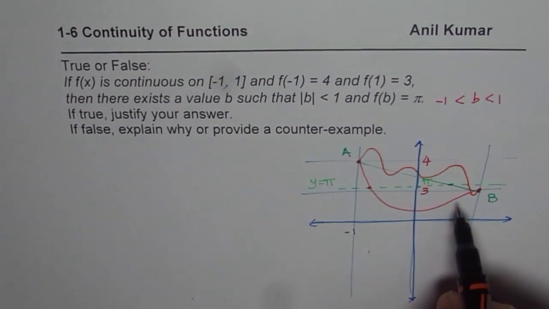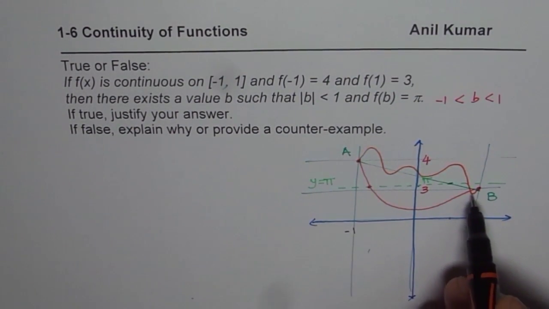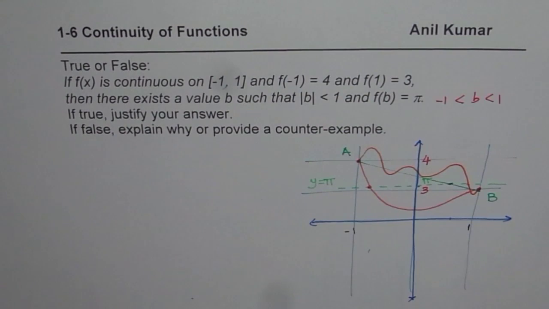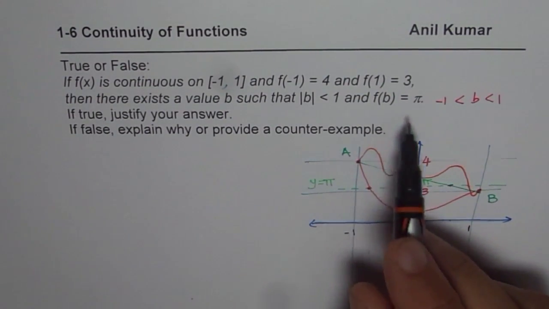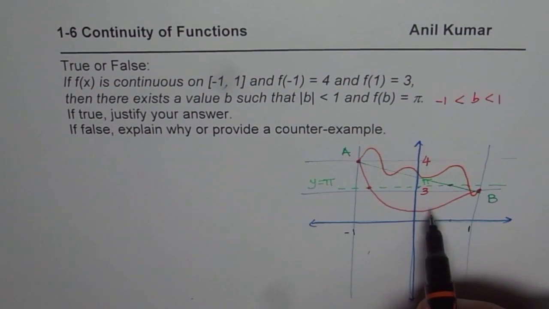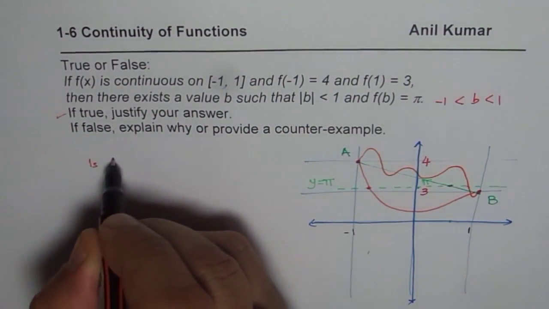That point may be different, as we saw here. It could be here, it could be on this side, it could be anywhere. But there will always be a point where the value of the function is going to be 3.14 in this particular case. So the answer is that the statement is true.